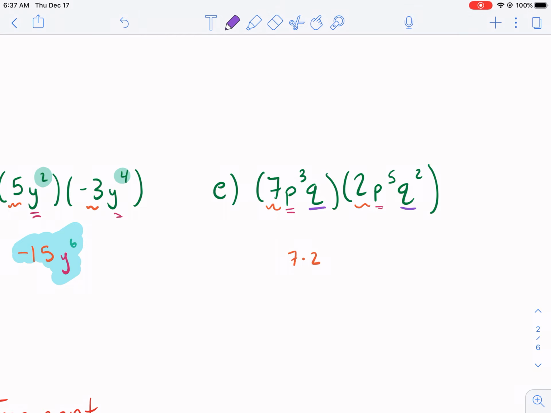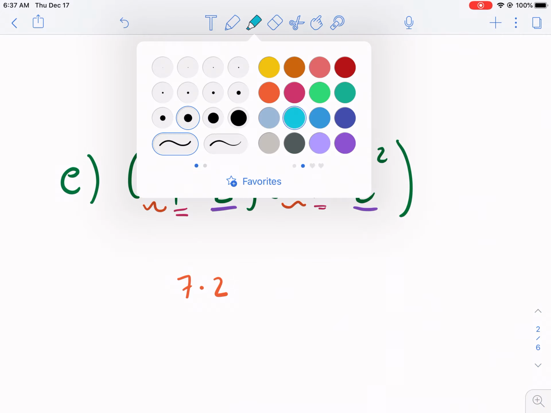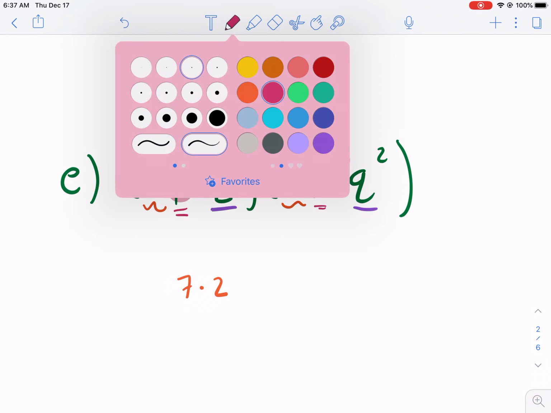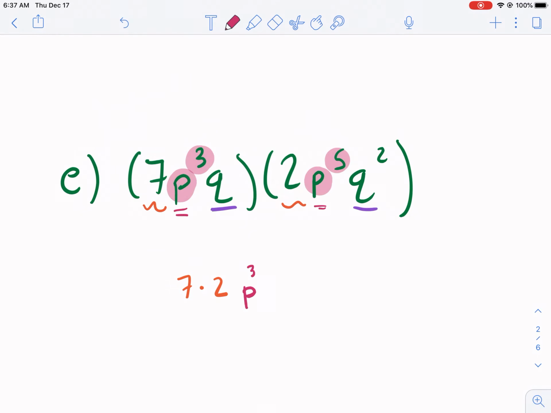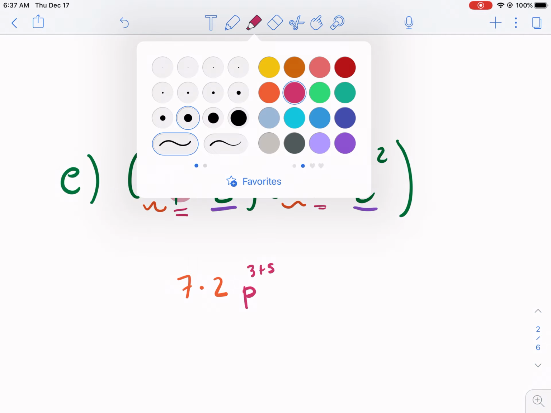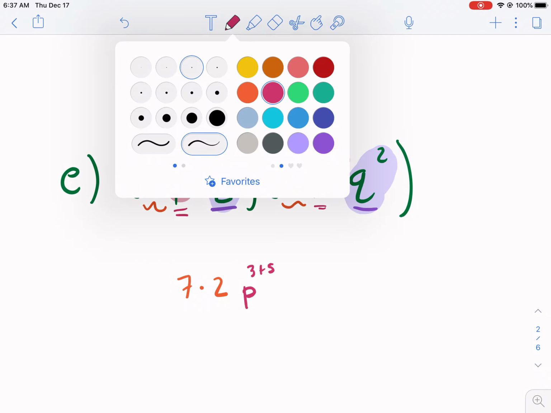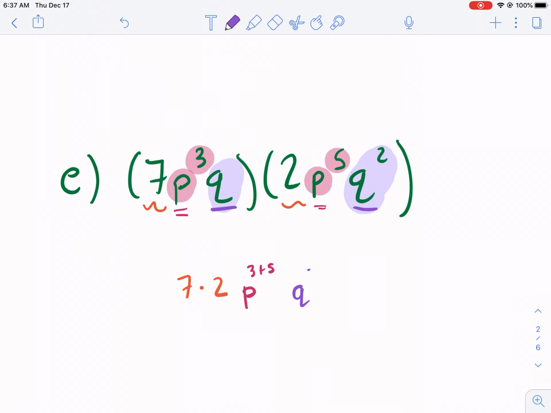Okay. Let's work on the P first. P, we have a third power there, so we need to keep the base the same. And then we're going to do 3 plus 5. Q, okay, this one doesn't look like it has a power. I'm going to talk about that in just a second. The temptation here is to put it Q to the 2nd, okay, but that would be wrong.